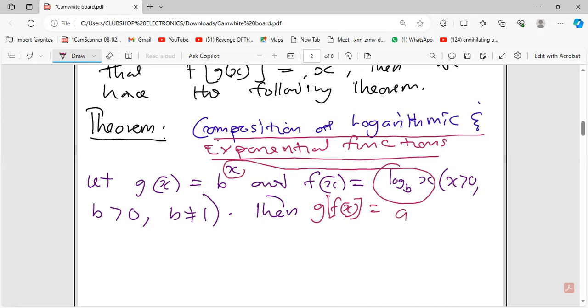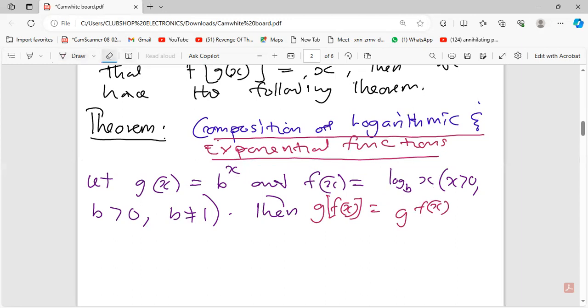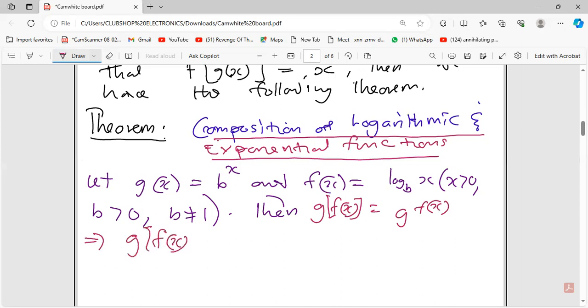By composite function, this implies that g of f of x is equal to b to the power log b of x, right?